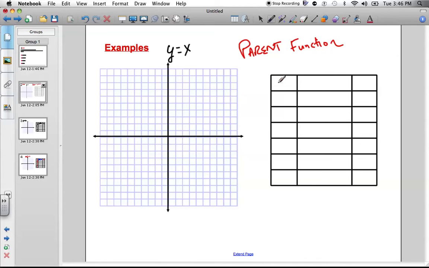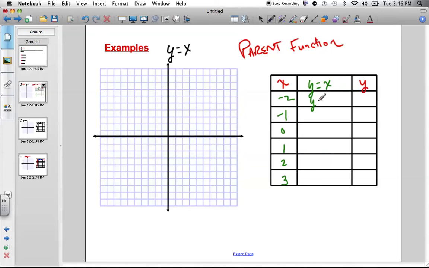And we're going to graph this using an input-output chart, or you guys probably know it better as a table of values. And so what we're going to look at are the integers between -2 and 3. And what we're going to do is just take our input, or x values, and put them into our equation y equals x.